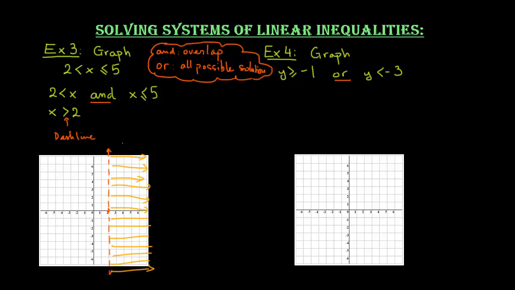Now we graph the second inequality, x less than equal to 5. Since it has the equal sign, that will be a solid line. Here my x equal to 5, so that will be a vertical line going through the point 5.